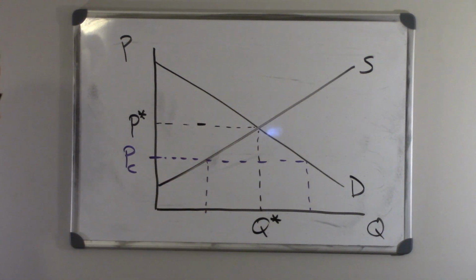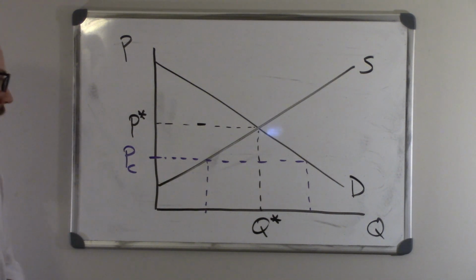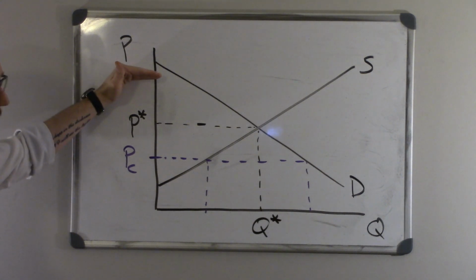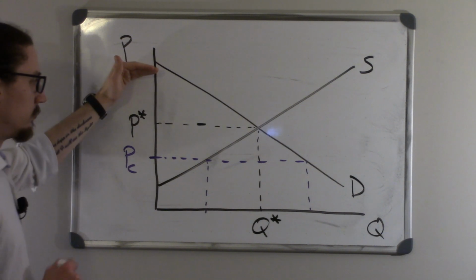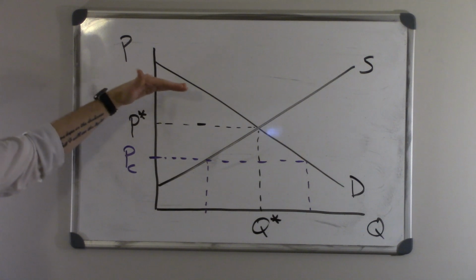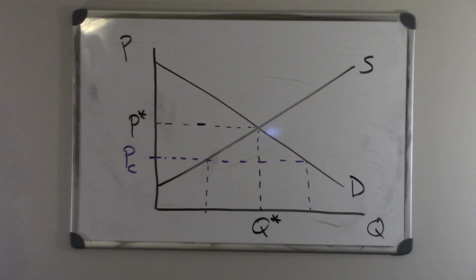All right, and again, this illustrates why a binding price ceiling must be below the equilibrium price, because if the price ceiling was up here, then we would just meet at the equilibrium and we wouldn't go anywhere near that price ceiling, so it would essentially not have any effect.